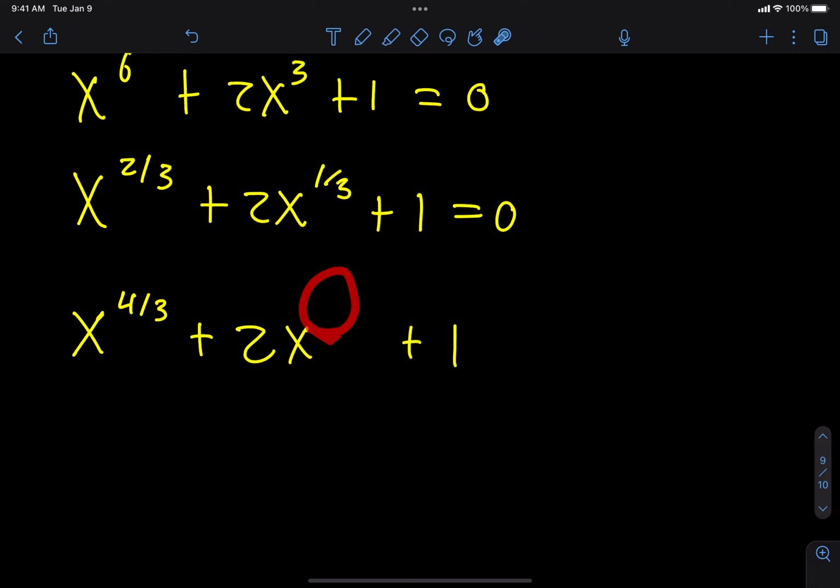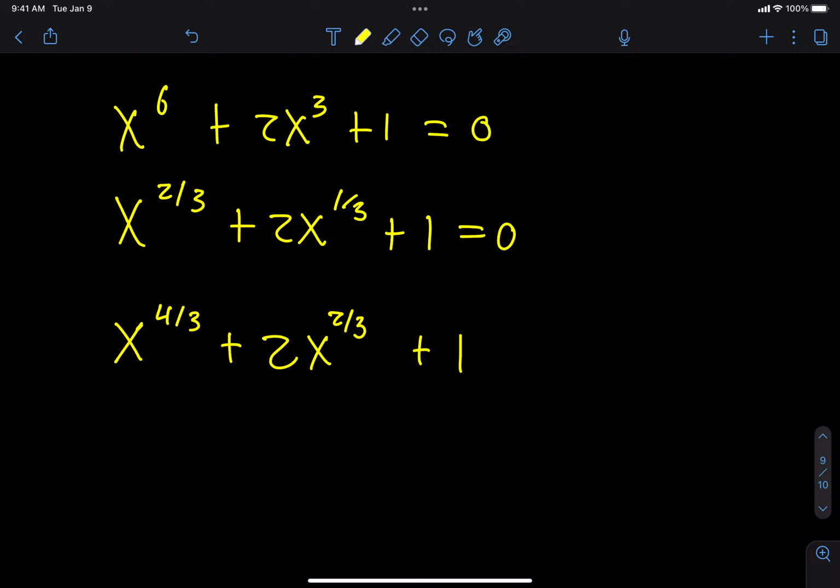Well, the power in the middle needs to be what compared to the power at the start? Half. Needs to be half of what it was before. What's half of 4/3? Very good. Okay, so all of these are quadratic in form.